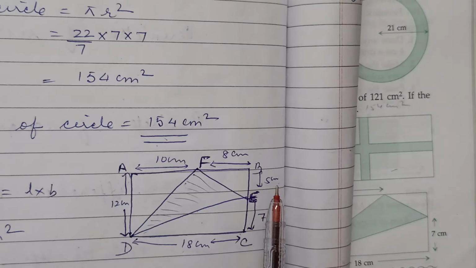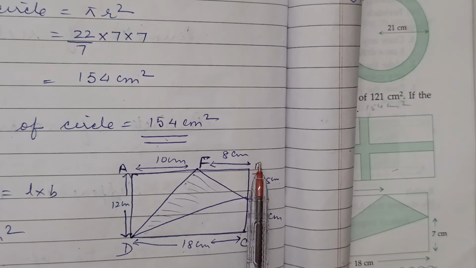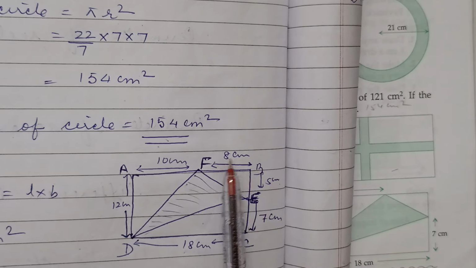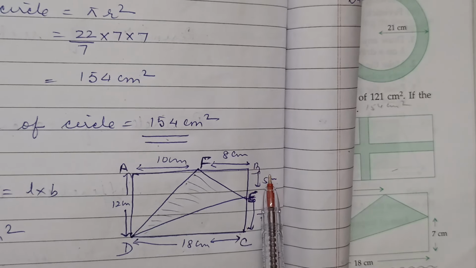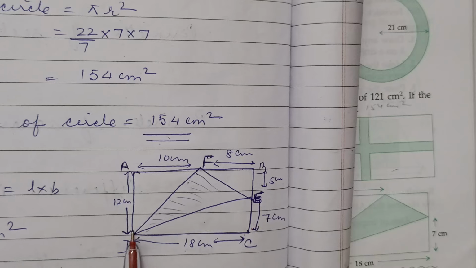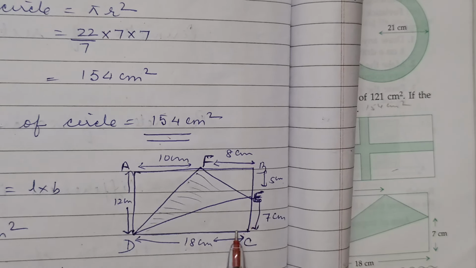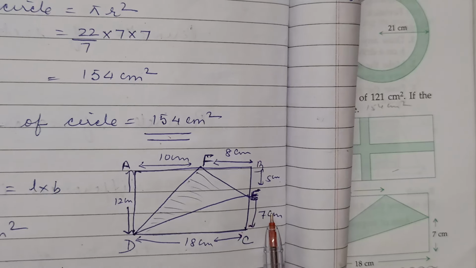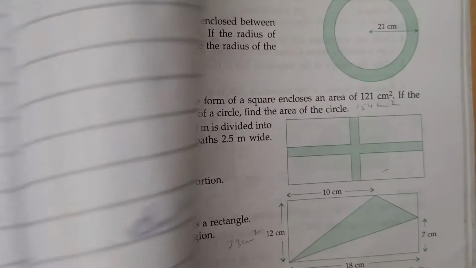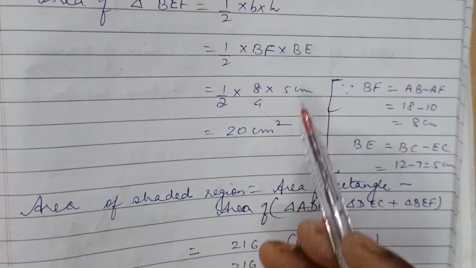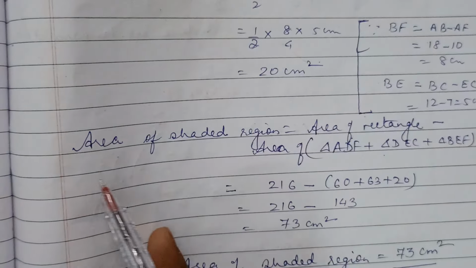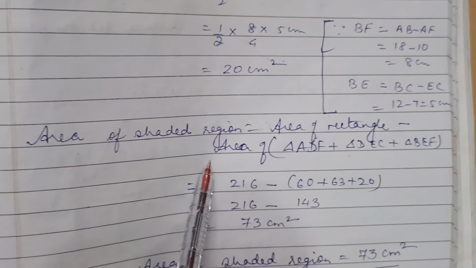Okay. Now we will take the area of triangle BEF, again half base into height. So half into 4 into 5, that is 20. Then the area of triangle CED is half into 18 into 7, 9 sevens are 63 centimeter square. Now we will find out the area of shaded region.